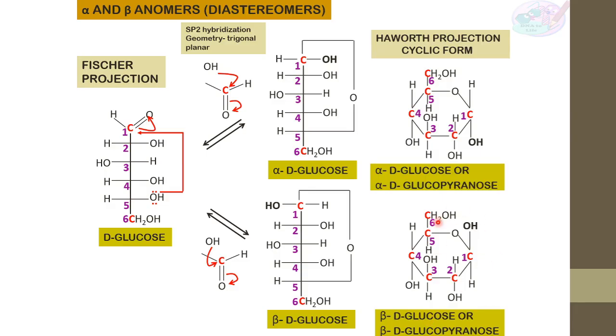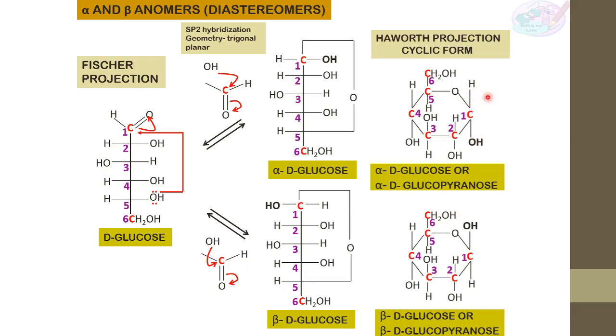Now one thing you should always keep in mind is that when glucose was in open chain structure, it had only 4 chiral carbons at second, third, fourth and fifth positions. But if you look at its cyclic structure, now this first carbon, this O is now converted to OH. So now this first carbon has also become a chiral carbon, because 4 different groups are attached.